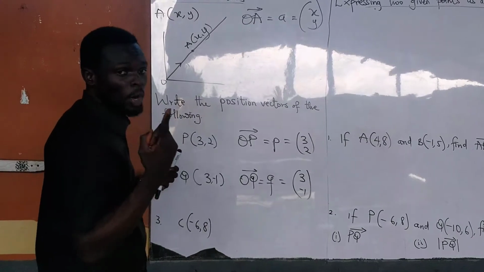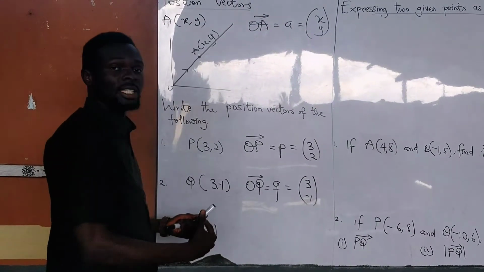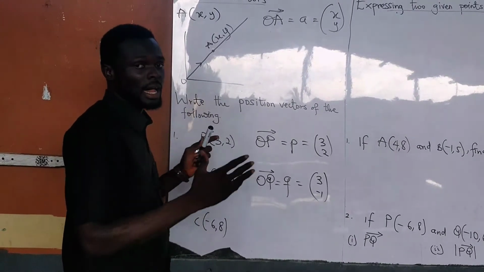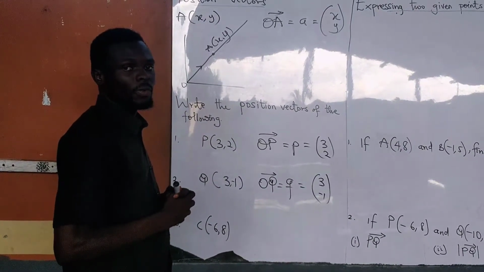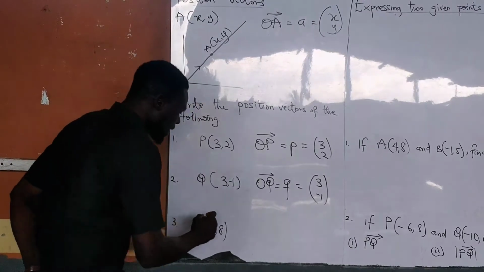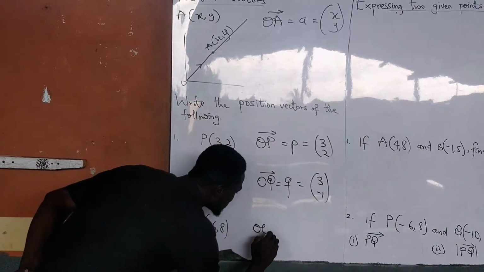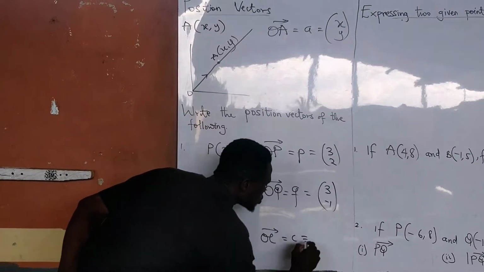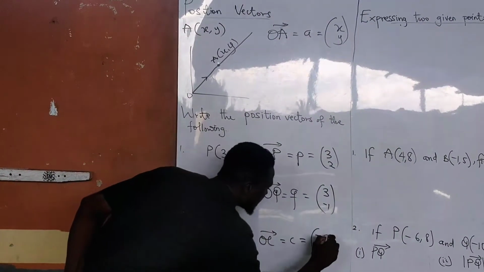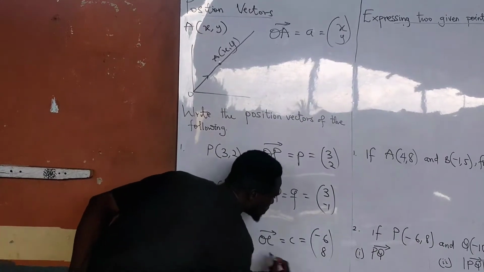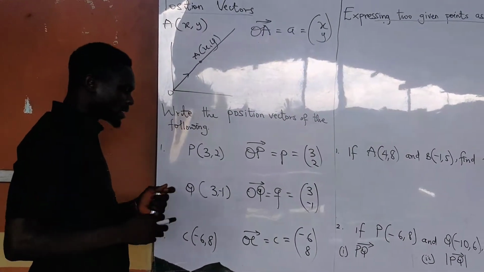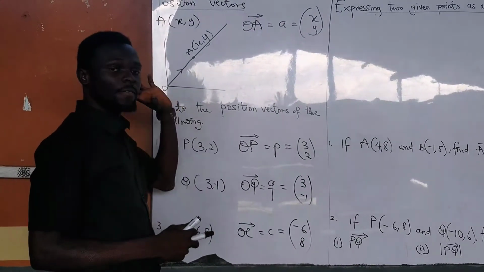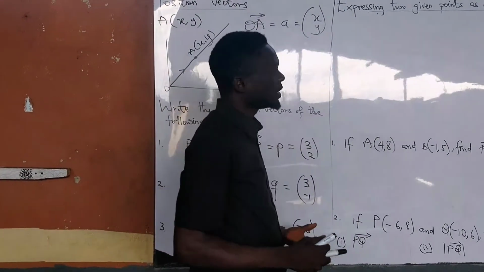So with a single point, you locate the origin, draw your arrow to the point, then write the vertical form of the point. For C, we have vector OC, which is equal to small letter c, also equivalent to (-6, 8). And this is how we calculate the position vector of a point.